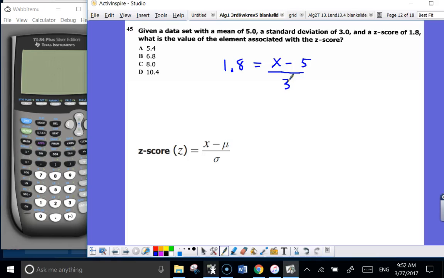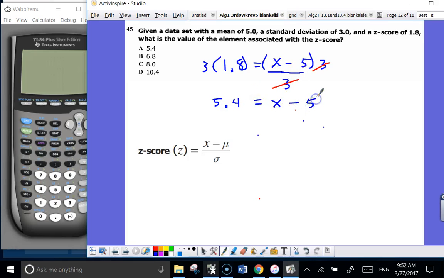But if you were going to solve it, what would be the first step in solving that equation? I'm trying to isolate the x, and there's two things with it. Multiply times 3. When I multiply times 3, the 3's cancel, and now I've got 5.4 equals x minus 5.